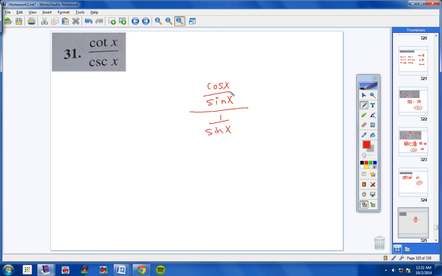So I'm going to take the top fraction divided by the bottom fraction. So really I have cosine over sine times, and I flip this bottom fraction, sine x over 1. And these cancel, and I end up with cosine over 1, which is cosine. Let me check the back of the book here, and that is what they have. Good.